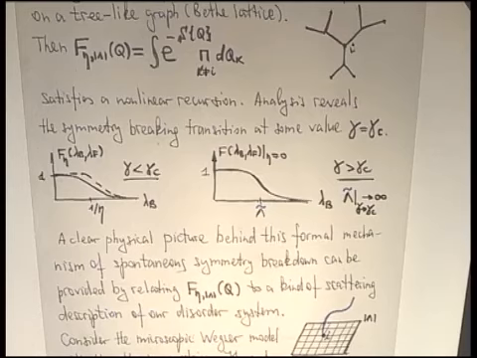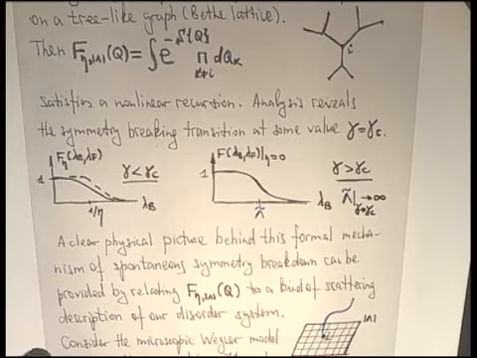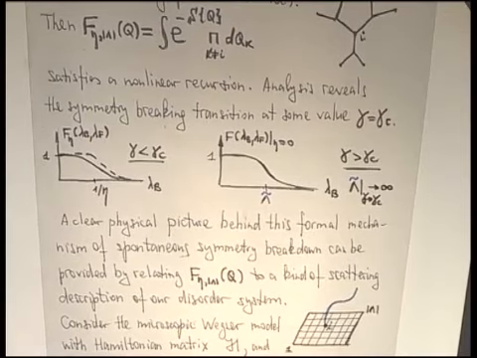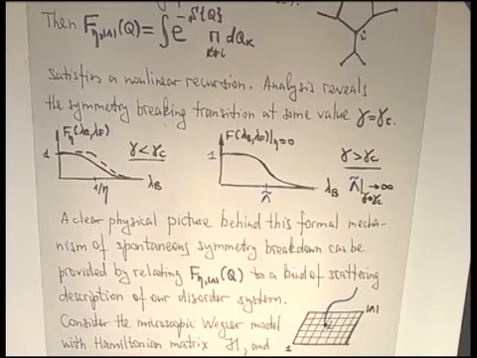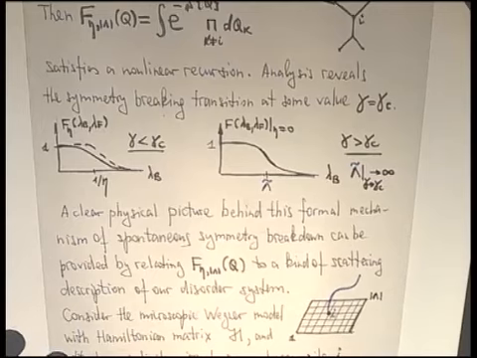The analysis, which is not trivial but can be done, reveals that there is indeed, for some value of coupling gamma, gamma critical, gamma C, a phase transition associated with spontaneous breakdown of this invariance in the sense I described.